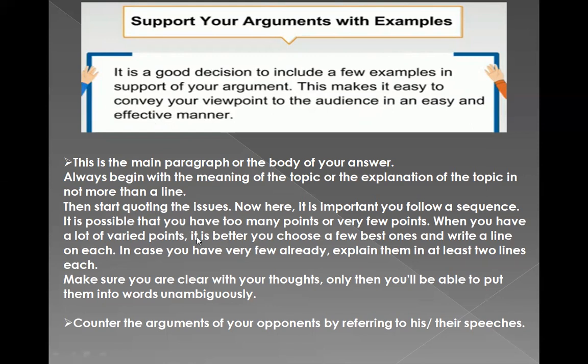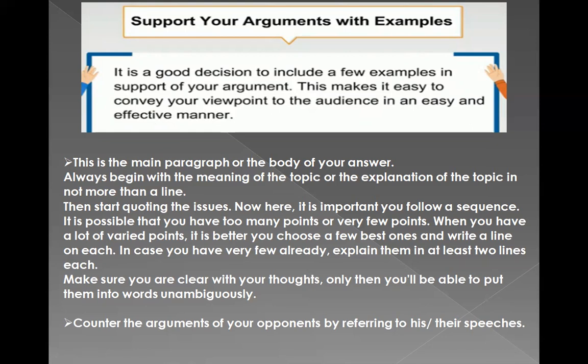It is also possible that you can have too many points or very few points. So when you have a lot of varied points, it is better that you choose a few best ones and write a line on each. And in case you have very few, then explain them in at least 2 lines each, or you can elaborate on it.